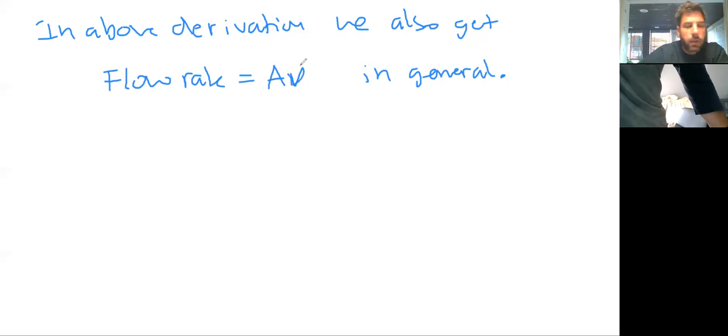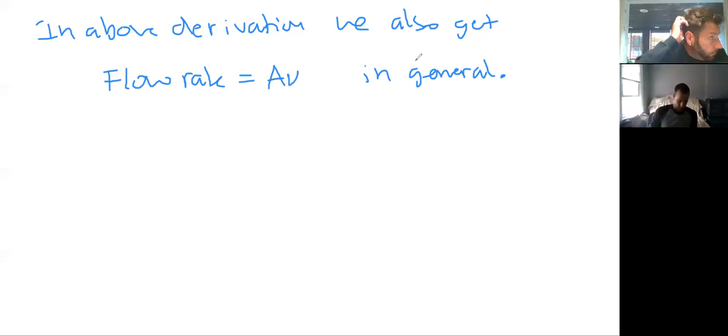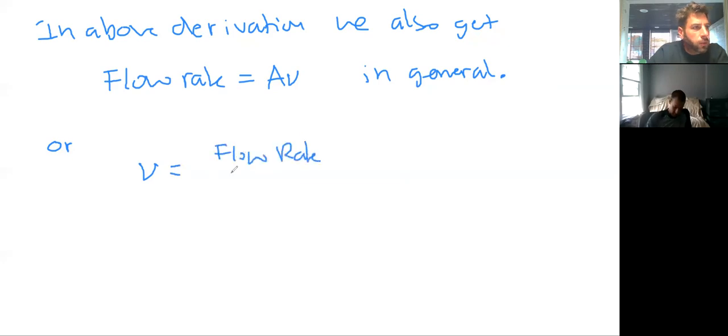Let's clean this up. Or if you want to understand what speed is, you divide both sides by the cross-sectional area, and you get that speed is flow rate divided by cross-sectional area.